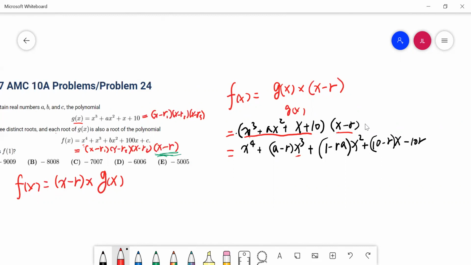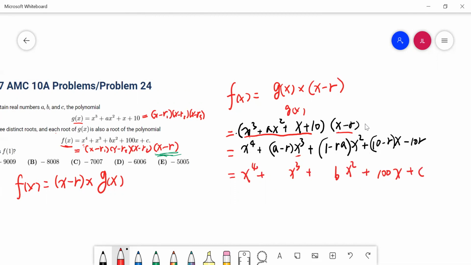This is f(x). Of course, we have the expression here, f(x) here, right? So we can write this down: x fourth plus x cubed plus b x squared plus 100x plus c.